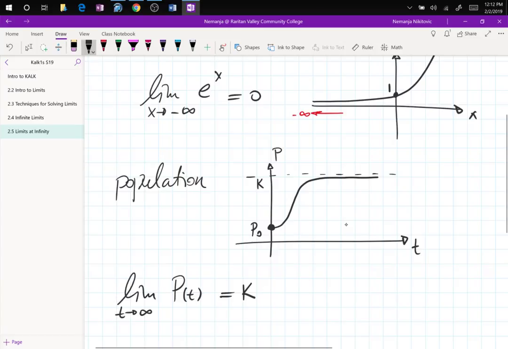So the planet has a finite size, and the planet has finite area for us to build houses, to plant our food and let the livestock run around also for food and so on. So there is just so much that the planet can provide in terms of the amount of people that we can have around.